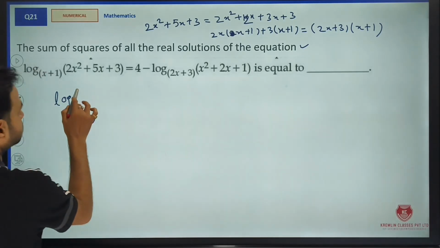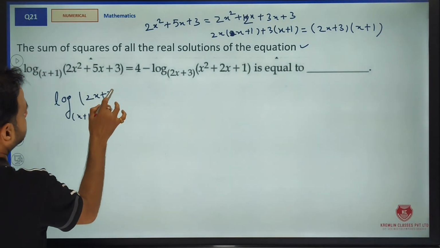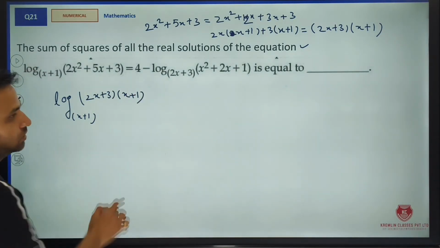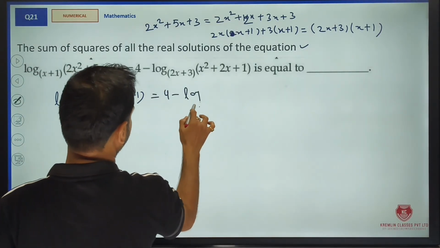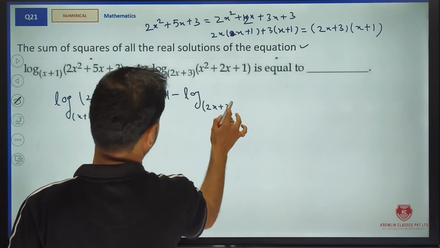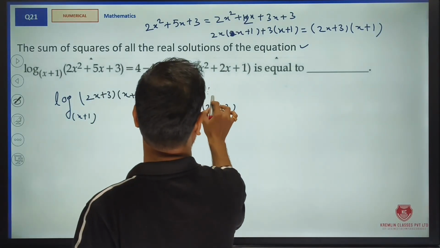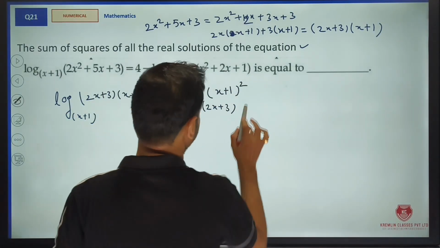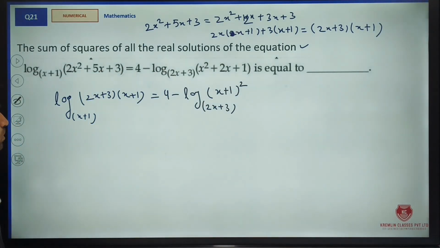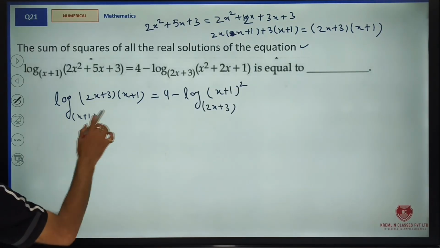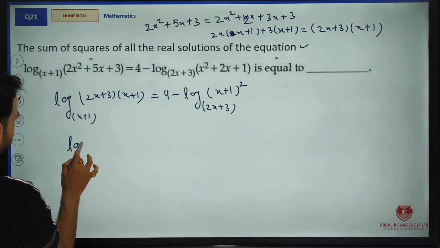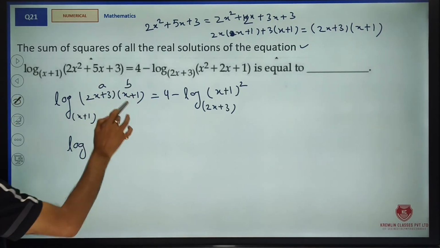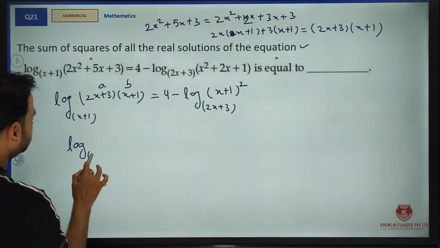Okay, so 2x plus 3 into x plus 1 equals 4 minus log of 2x plus 3, x plus 1 whole square. Now we can see log of AB, this is log of AB, which means log of A plus log of B.